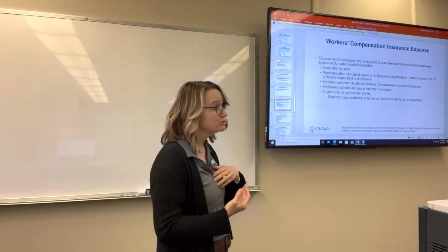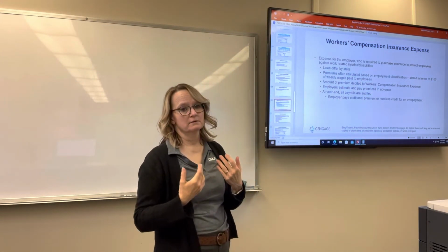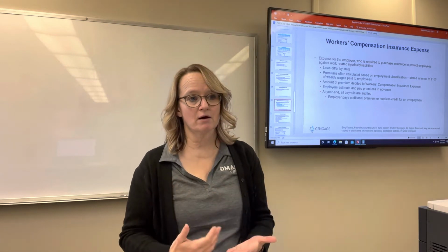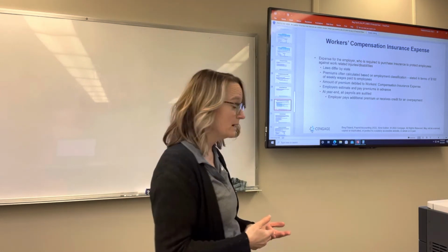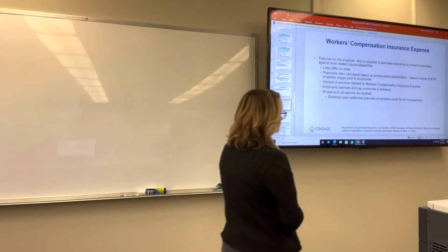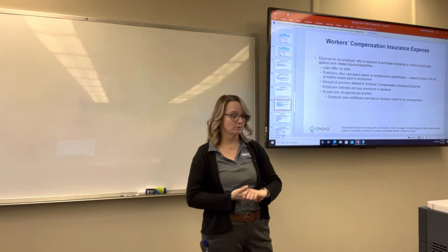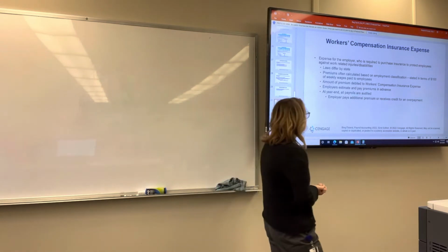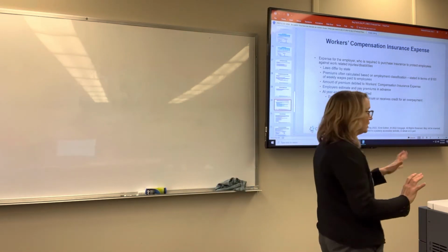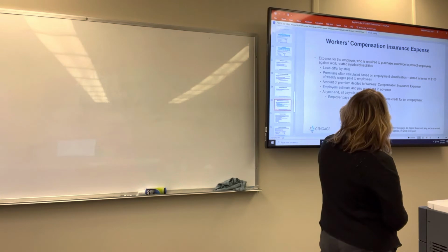This is as opposed to unemployment insurance, which pays employees when they lose their job. Workers' compensation has to do with illness, injury, and death only while on the job. If it happens outside of the job, workers' compensation would not cover it.